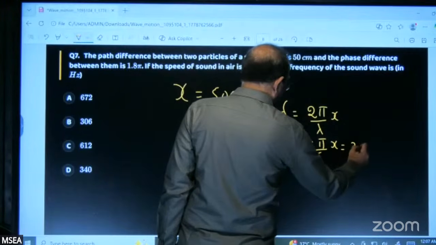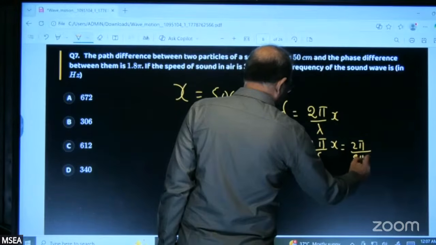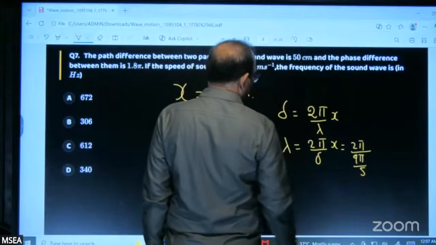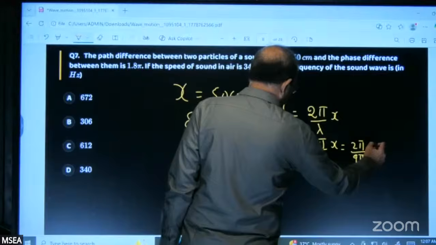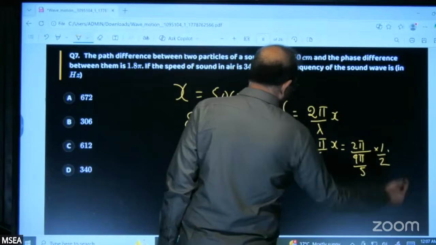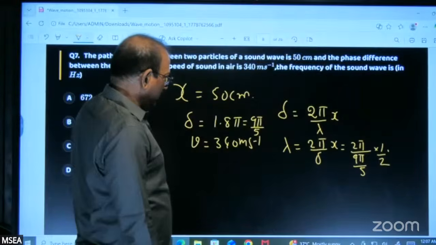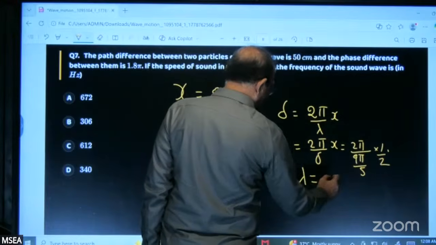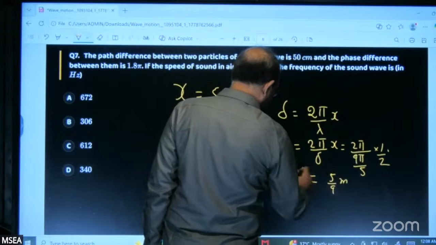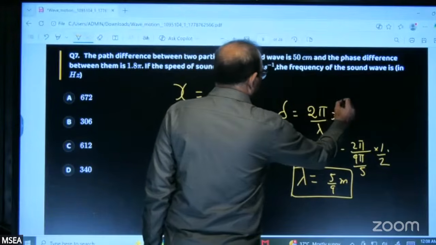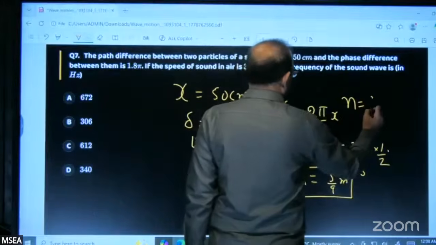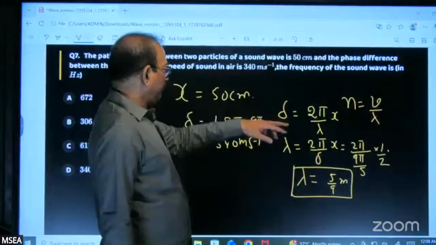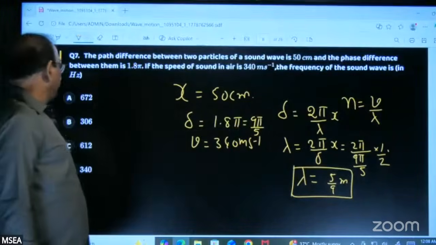Substitute 2 pi, 9 pi by 5. X is 50 centimeter, he gave 50 centimeter. 50 centimeter means half meter, no? Half meter. Find lambda value. 2 pi cancel. 5/9 meter lambda you will get. Now find frequency n equal to v by lambda. V 340 given, 340 by 5/9. Simplify that.